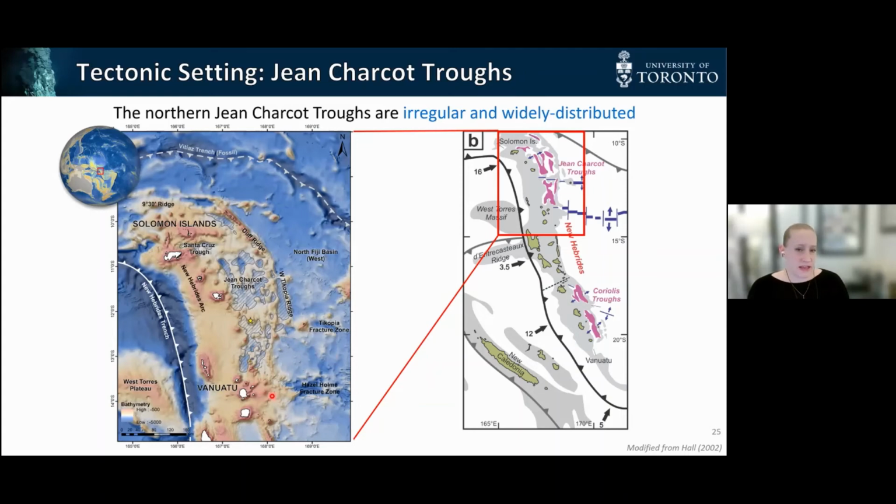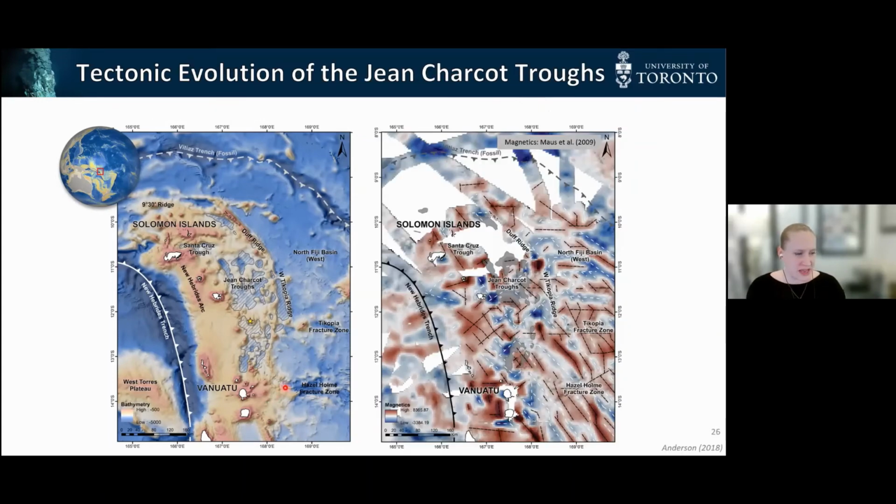So we can look at whatever data that we have. In this case, we have some pretty poor magnetic data available. And here we have our magnetic lineations that we see are extending from the North Fiji Basin and extending right through that back arc. We also see some structures, like here's the Tikopia fracture zone.